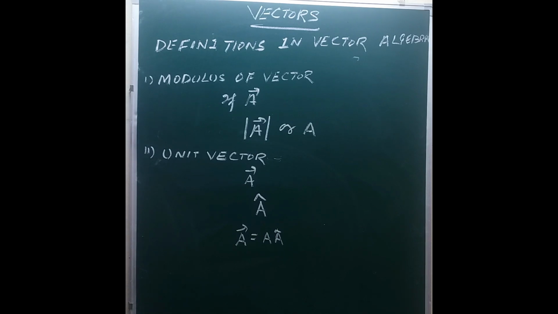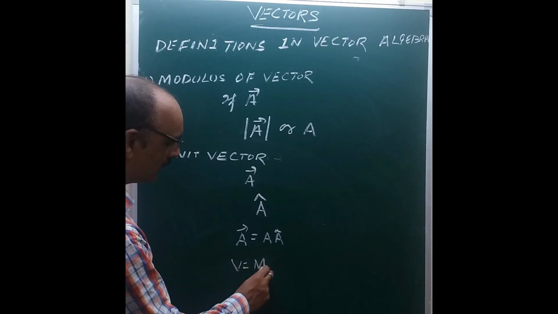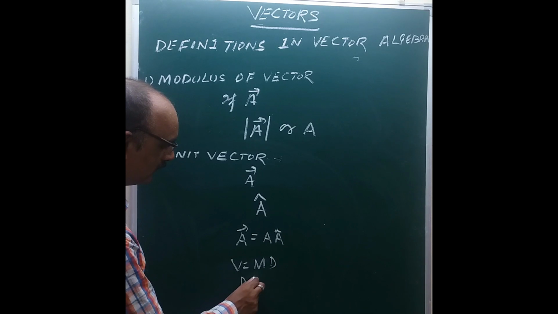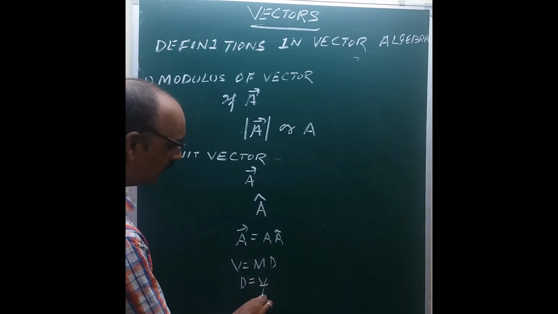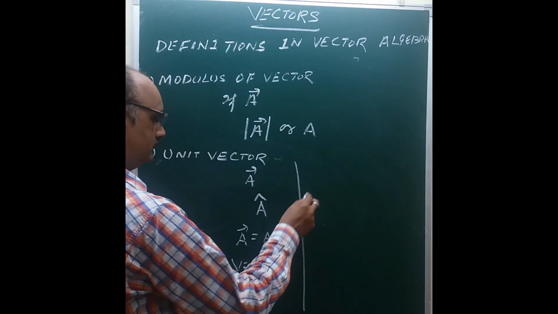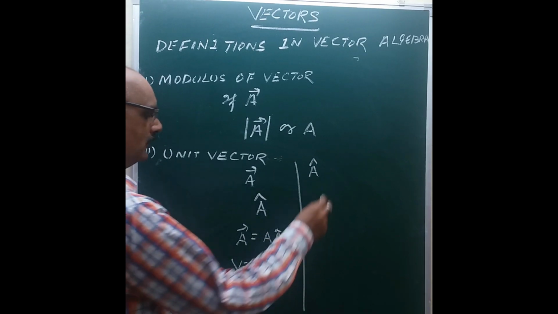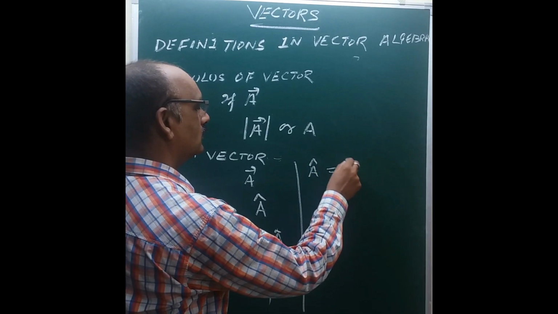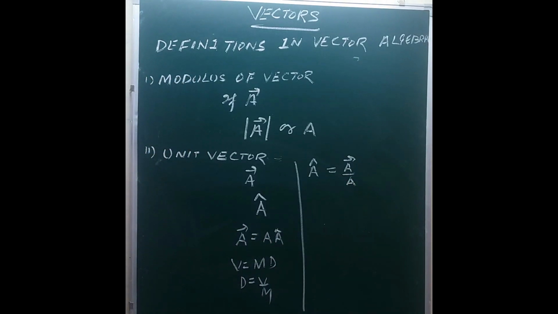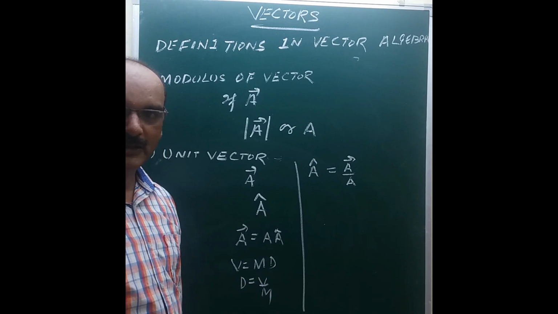Clear? Now, every vector quantity has magnitude and direction. The direction of the vector will be the vector upon its magnitude. That is, the direction of the vector A, that is A cap, equals this vector upon this. Okay? Remember, unit vector is dimensionless.